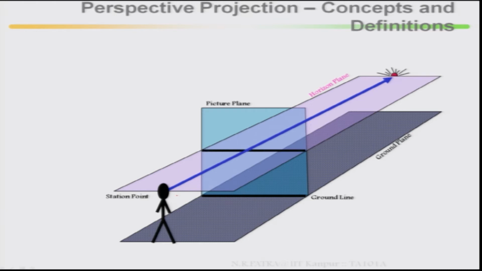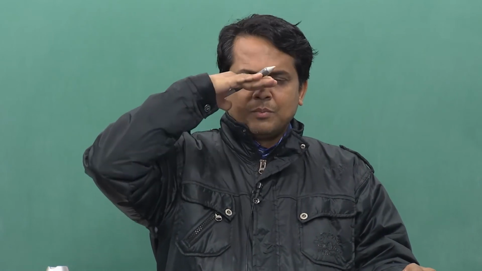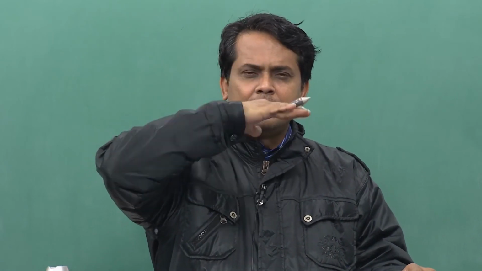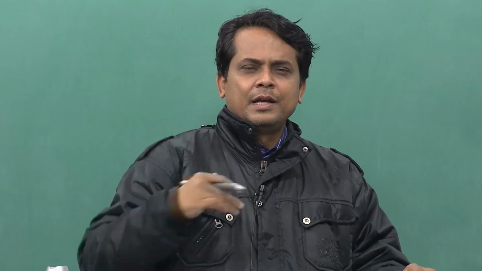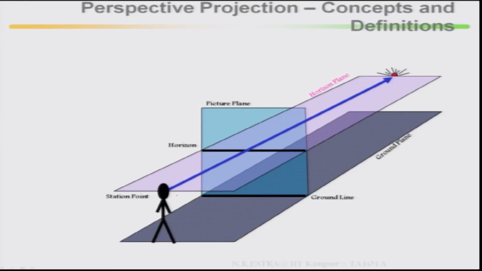Where this horizontal plane meets your picture plane, that is defined as the horizon. I am looking from the eye to the camera; this is the horizontal plane. If I put a picture plane in between, where it cuts it is called the horizon.